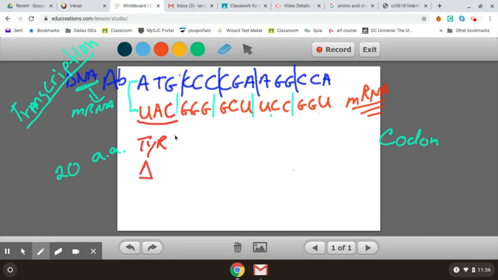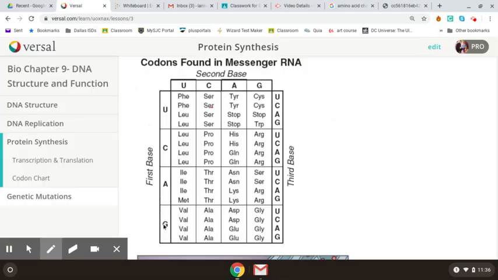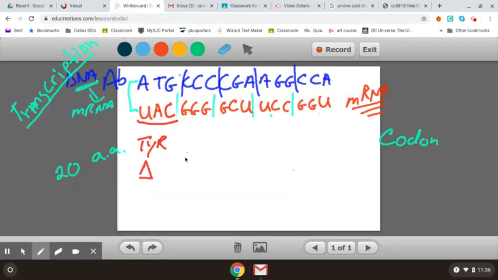Then the ribosome reads the next one, GGG. So it goes back and says G, G, G, and they all meet up right here for glycine. So GLY. Let's say that is a circle shape.